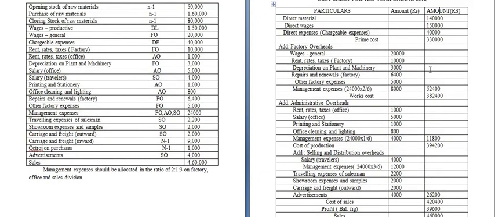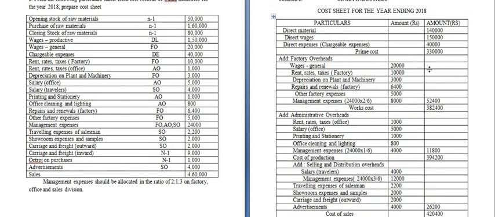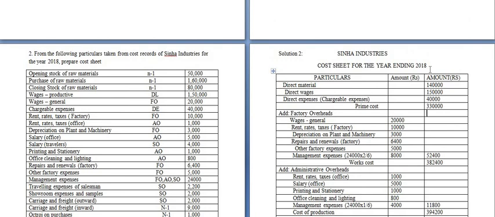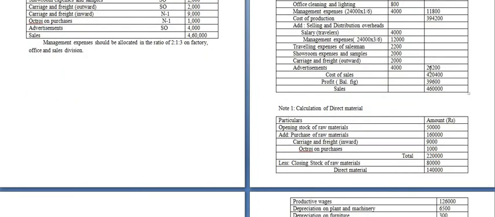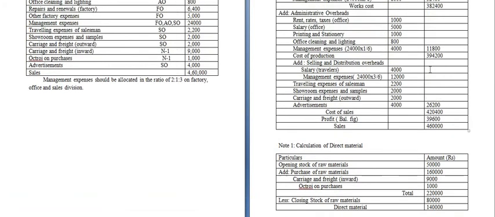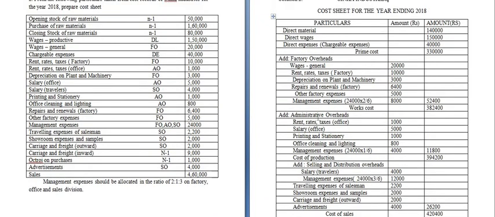I'll brief you again. As here they have not given us direct material in this problem, so first what we have done is we have calculated direct material. This is the format of calculating direct material. Once you get direct material, then add direct wages, then direct expenses, then you will get prime cost.